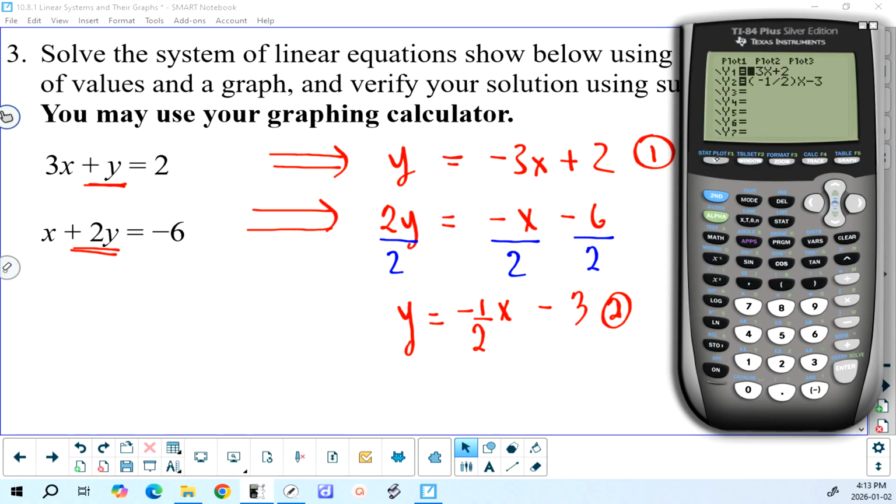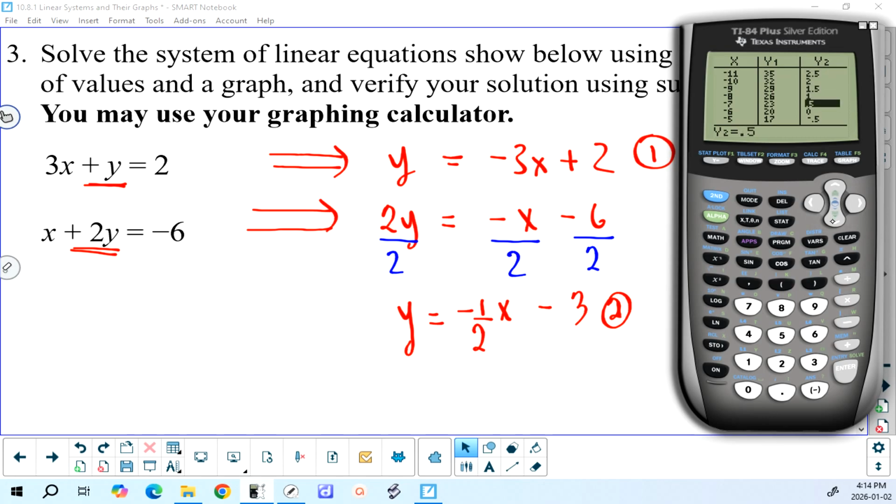So now let's go to the tables. I don't need to reset my settings there. I'm just looking for a place where the y coordinate is the same. And by the way, if I suspect it's back around negative 6 or negative 7, I can scroll over to the x column and I can scroll up and down as much as I want to. But you can see these y coordinates are getting further apart.